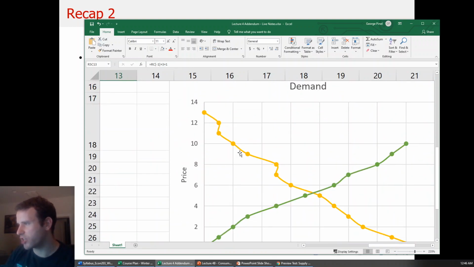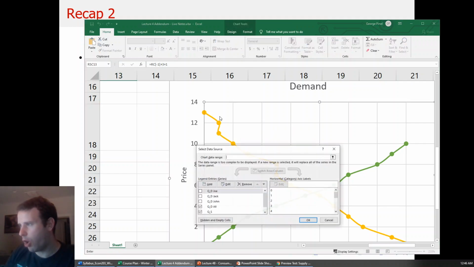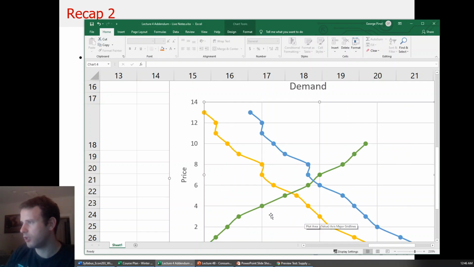It's not going to be a shift along the demand curve. It's not going to be a move from this price point to this price point. It's going to be a whole other line, a movement of the line itself. So if we're shifting up quantity by 4, for every point, you're going to be 4 points over.